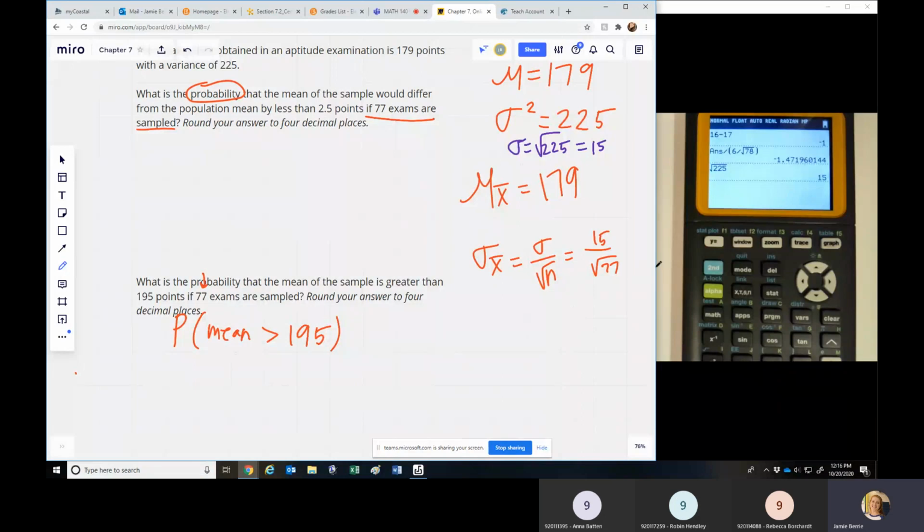Now, since my sample size is bigger than 30, I know that this problem can be approximated by a normal distribution. So I'm going to draw my little normal curve. All right, here's my normal curve. Put the mean in the middle. Mean is, let's see, 179.